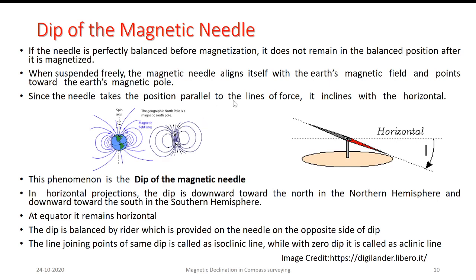Now, as we considered previously, the magnetic needle which is freely suspended will indicate magnetic north and magnetic south. Truly speaking, when it is indicating the magnetic north direction, the south pole of the magnetic needle is on the magnetic north side.